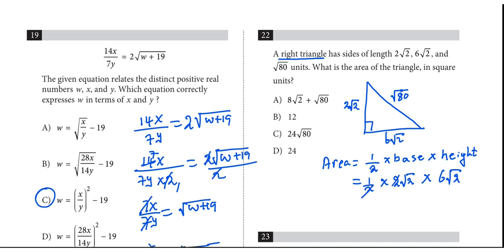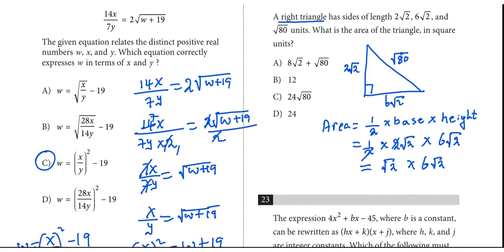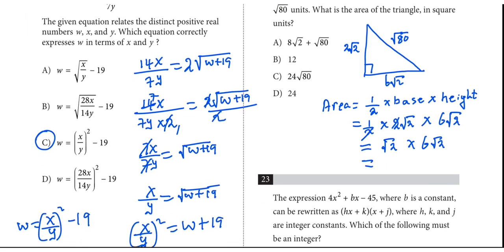So these two can simply cancel, and this will be equal to √2 times 6√2. So root 2 times root 2 will simply give us 2. So this will become 6 times 2, and this will be equal to 12. So this is the answer to the question. Option B is the answer to this question. All right, so let's go to question 23.